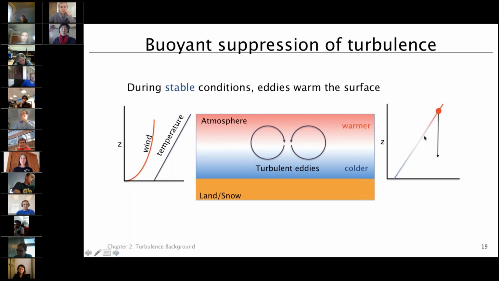And so now what happens with buoyancy? If we take a warm parcel of air and push it down, is it going to be happy? What is buoyancy going to be doing in this condition?